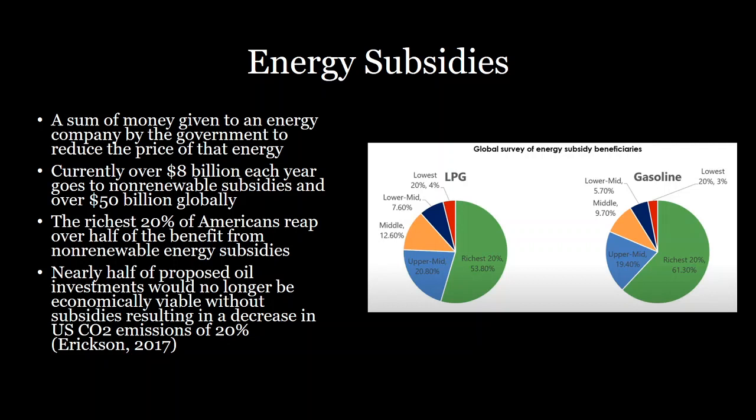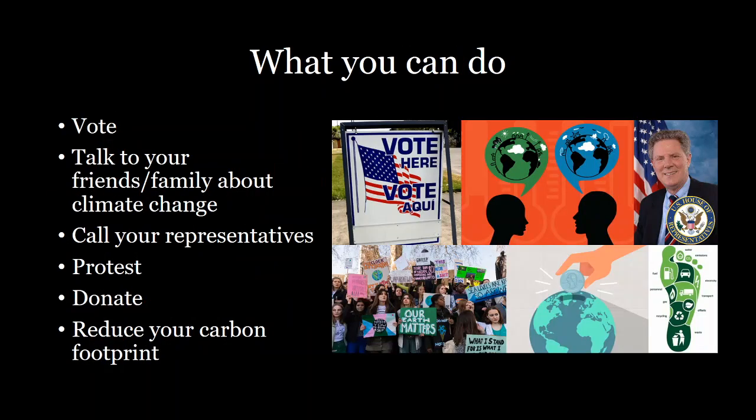So if we reduce the amount of energy subsidies, then nearly half of these projects would no longer be economically viable, and you'd reduce emissions in the US by 20% alone, just because there's no longer going to be as much extraction going on if these oil executives are not making as much money for these projects. So that's definitely a very important way that we can easily reduce our carbon emissions by providing that market incentive.